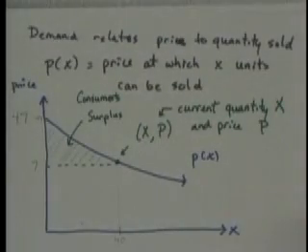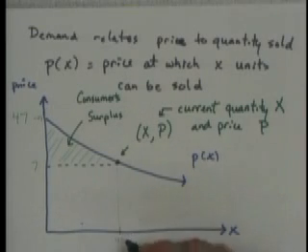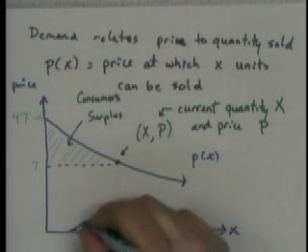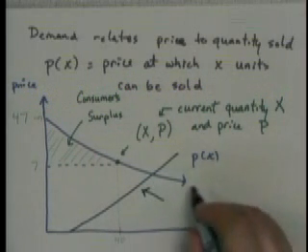Now, I need to talk about one other situation that shows up in the book, but I don't know if I'm going to do that one, just because I have enough other ones to do here. Turns out that there is also something we call the supply curve.